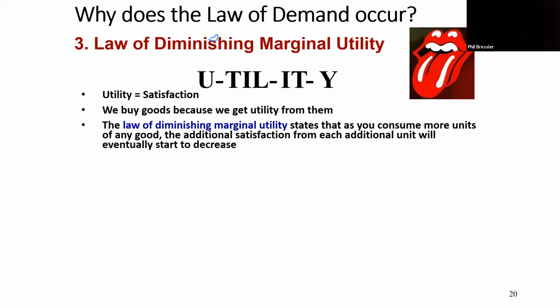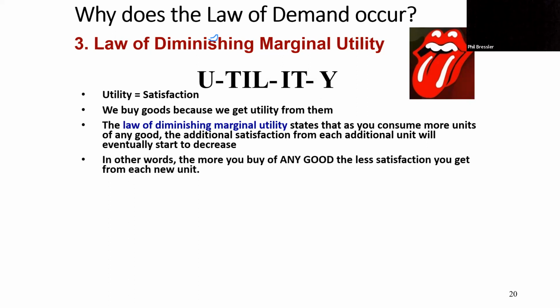And therefore, when the price goes up, it's just not worth it. Right now, I'm really thirsty from talking, so maybe I feel like a Coke's worth $2. But after the second or third Coke, the value diminishes, right? I'm not as thirsty. I'm not going to pay as much because the benefit is not as good.